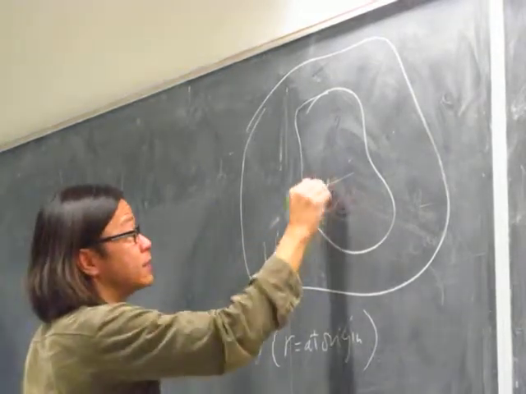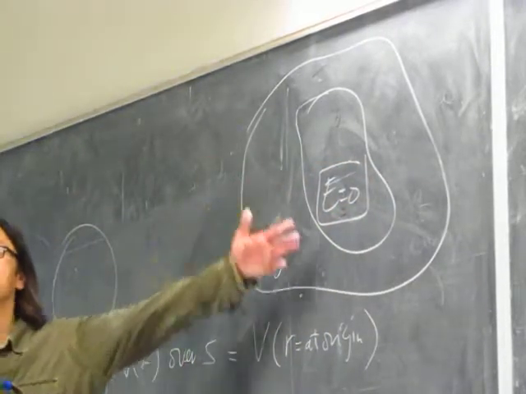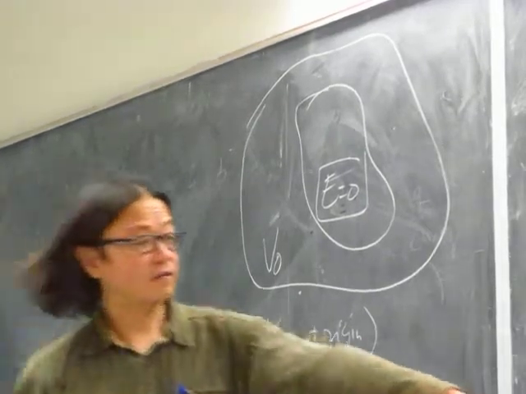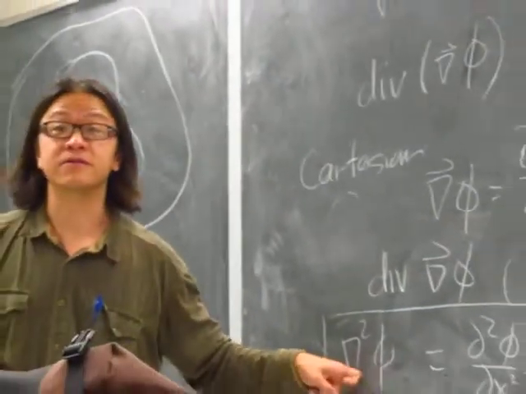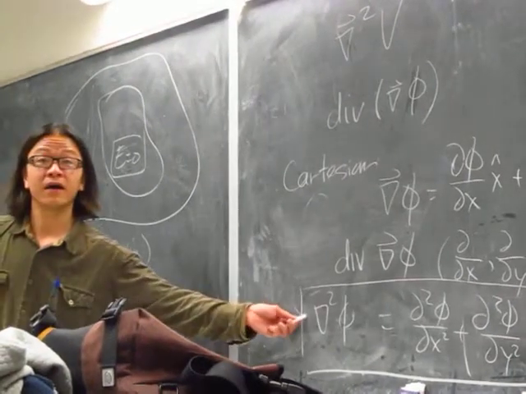Then the electric field inside has to be equal to 0. I did a more physical proof, right? But you can also prove it using the property of the Laplacian equation.